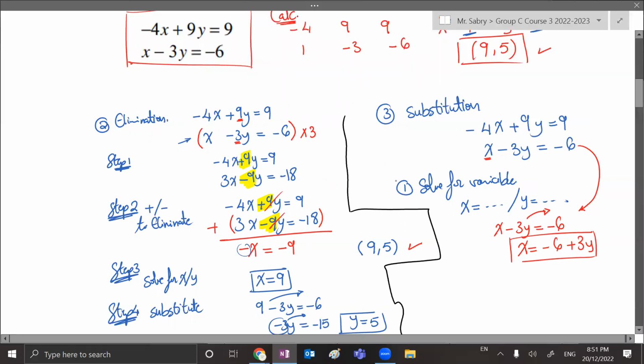Step two, you substitute. Meaning, this x that we got here is substituted in the second equation.